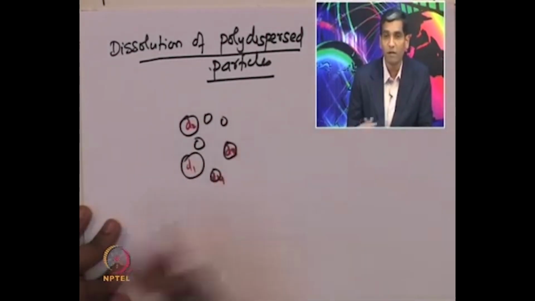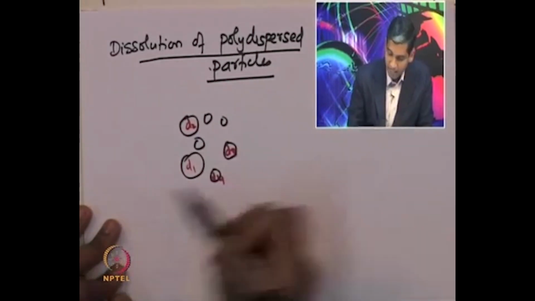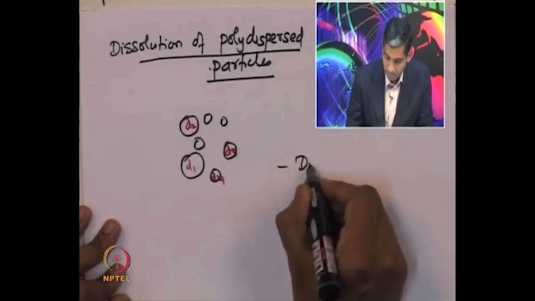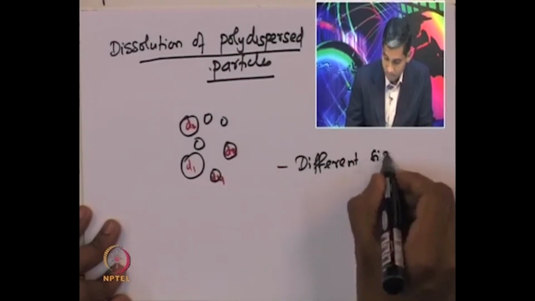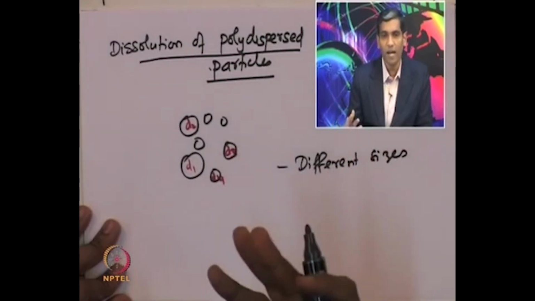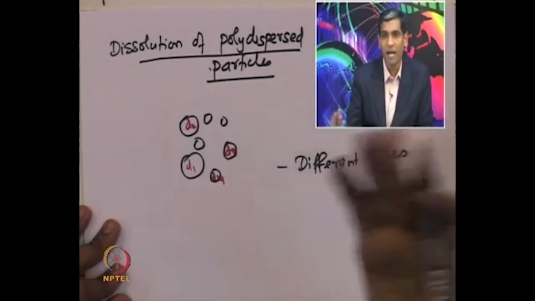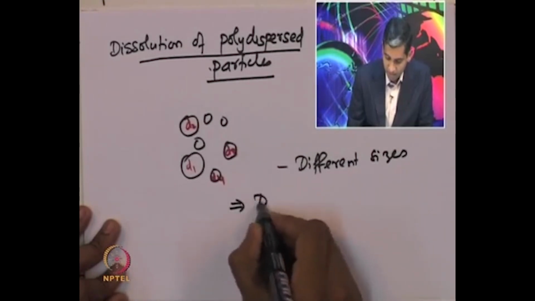So, there will be a collection of particles, and each of these are different in size. Now, not just at the initial stage will the particles be of different size. There will be a distribution of sizes of particles all through the time when the dissolution is occurring. So, therefore, clearly there is a distribution.